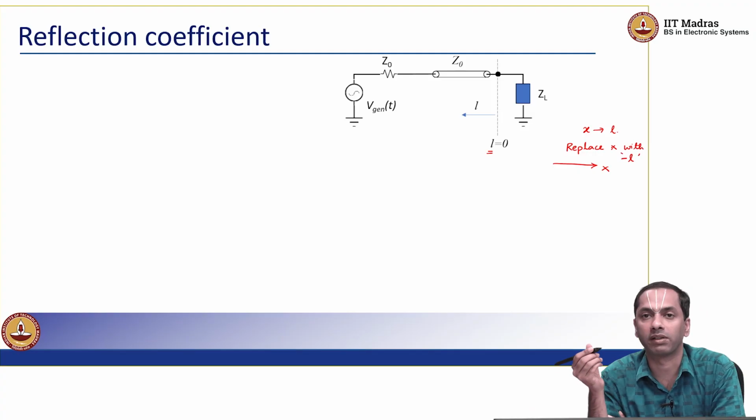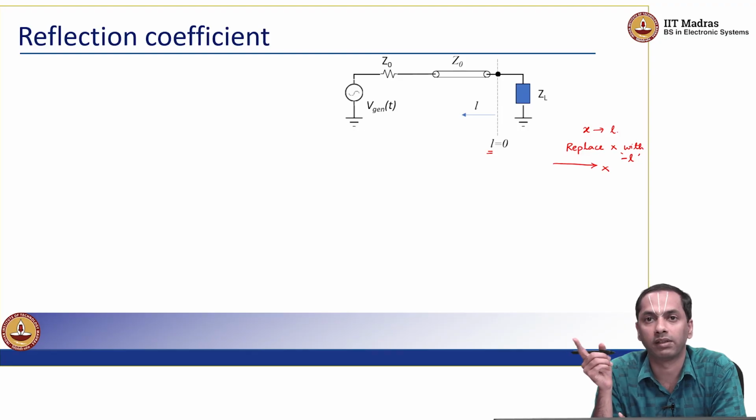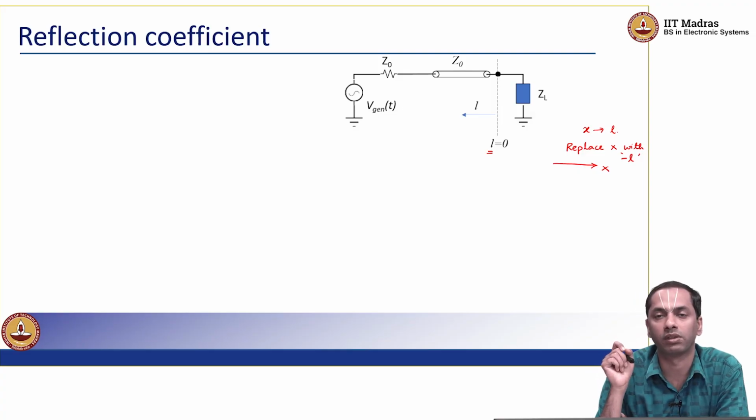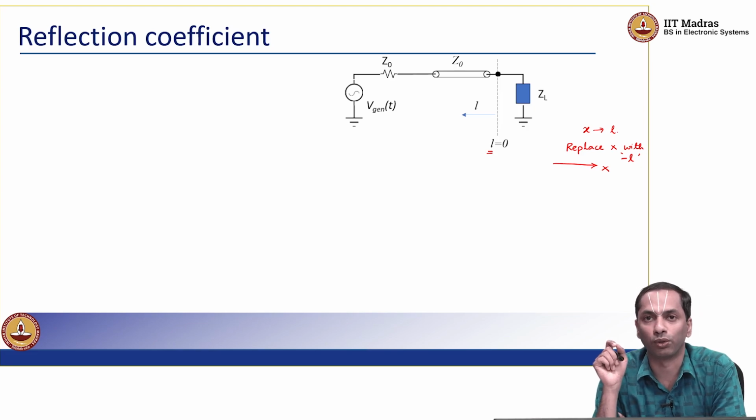So remember that if I go left, away from the load, l increases, but in the conventional direction for x, this would be in the negative x direction, right. So there is this subtle change of sign that we are going to introduce. There is a reason to do so, right.